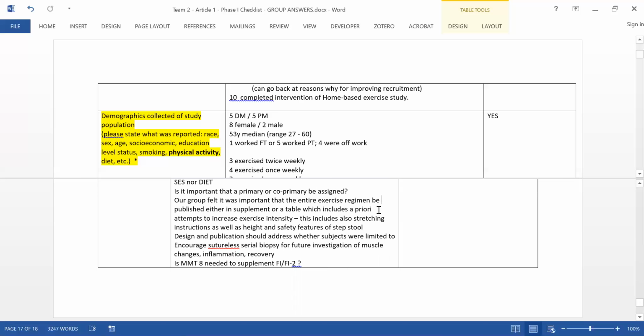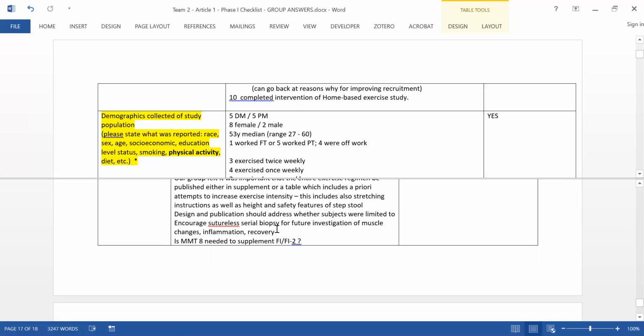The group thought it was important that for any exercise study done in myositis, the entire exercise regimen appears either in a table or in a supplement. If that's part of our guidelines, then the publishers will have to accommodate for this. That would include how intensity was accelerated, the decision-making tree for that, as well as if there's stretching, how that was handled and what stretches were done.